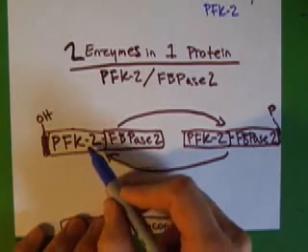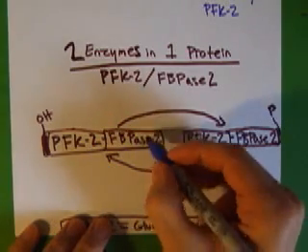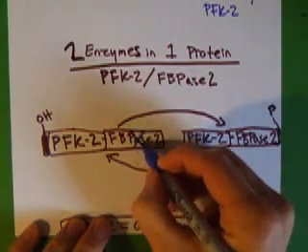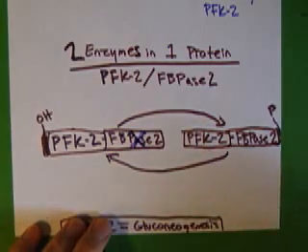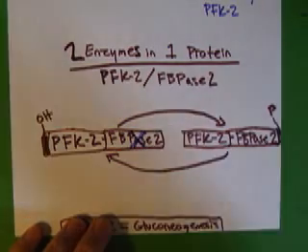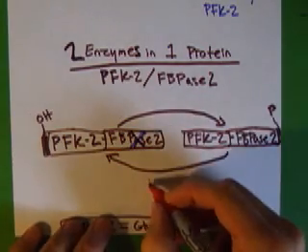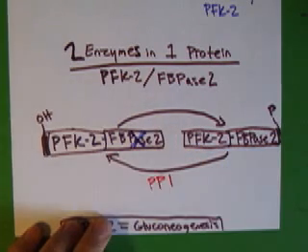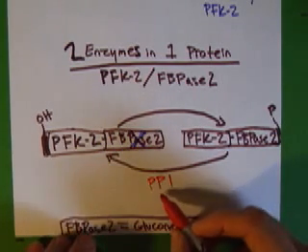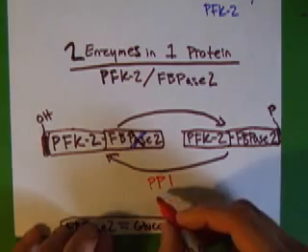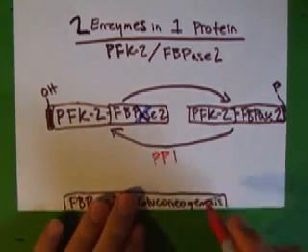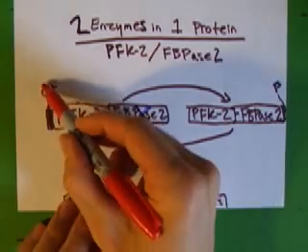So when PFK2 is on, FBPase2 is off. And remember, it's on because of insulin, PP1. PP1 is a phosphatase. Remember, phosphatases dephosphorylate. So that's why there's an OH here.